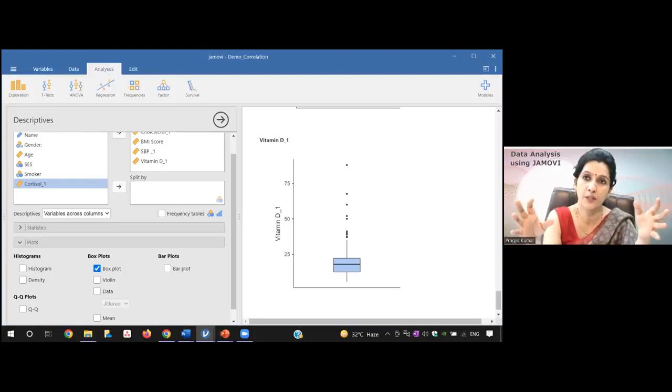But the most important thing is to report these outliers in your assumptions, that these many outliers were there, but you have decided, or you can write that even after removing the outliers the value was the same, so you have decided to include those outliers, and the result which you are giving is with the inclusion of the outliers. Is it okay, Dr. Pradeep?